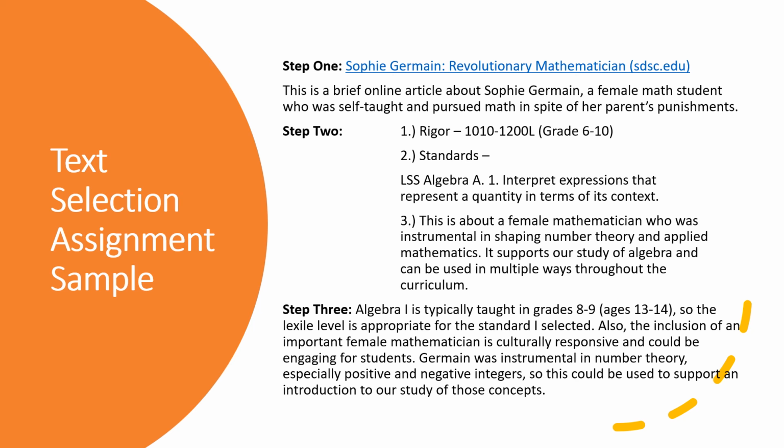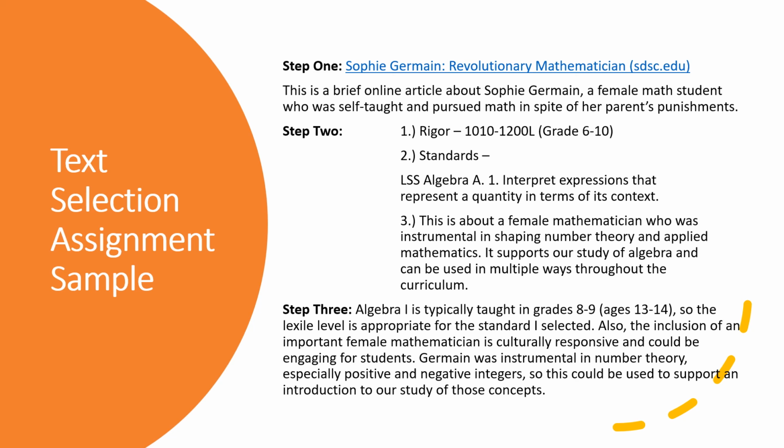But it's a brief online article about Sophie Germain, who was a female math student who was self-taught, and she pursued math in spite of her parents' punishments. The rigor, it's at a 1010 to 1200 Lexile level, which the grade band for that is 6 to 10.